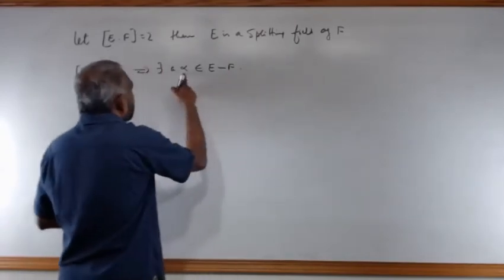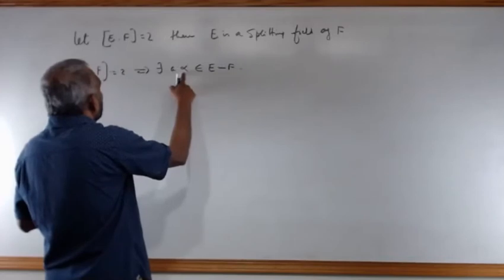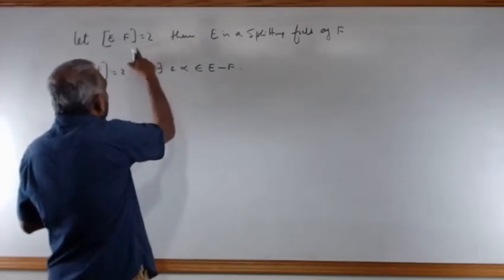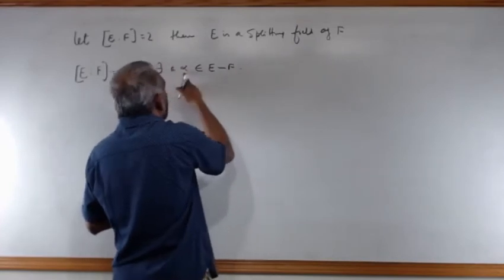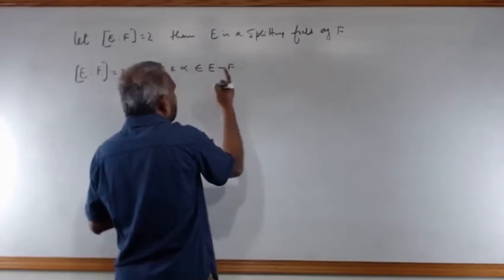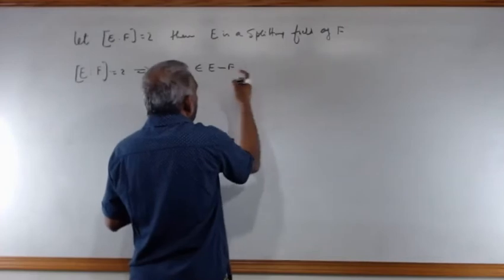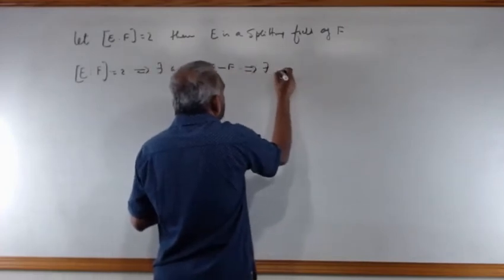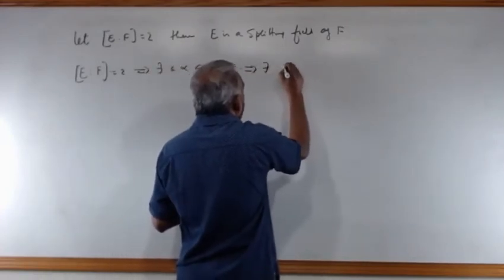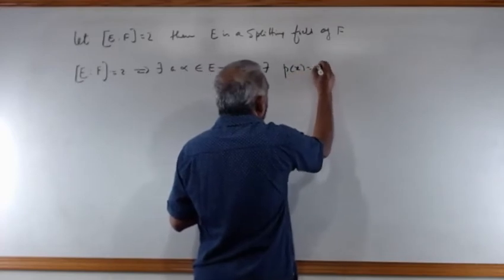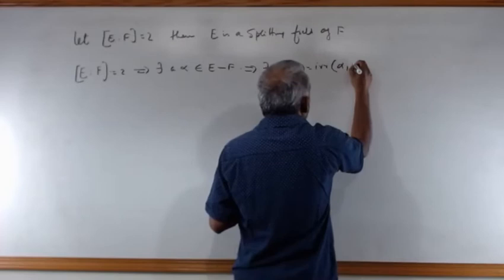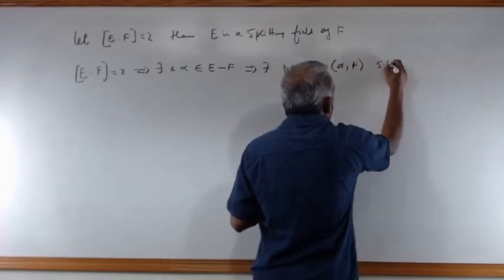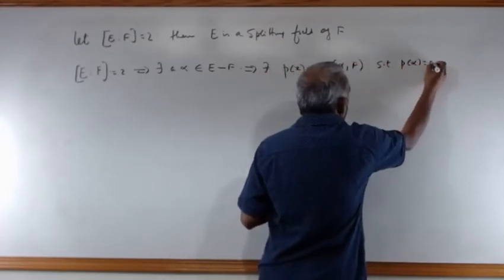So, because it is finite, E is algebraic over F. So alpha is algebraic over F. That implies there exists an irreducible polynomial P of x, the minimal polynomial of alpha over F, such that P of alpha is equal to 0.